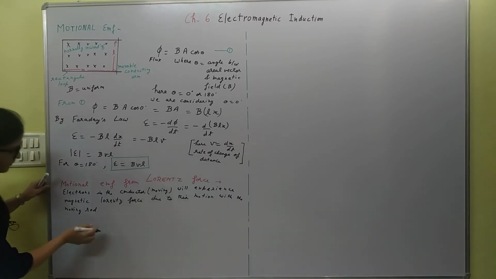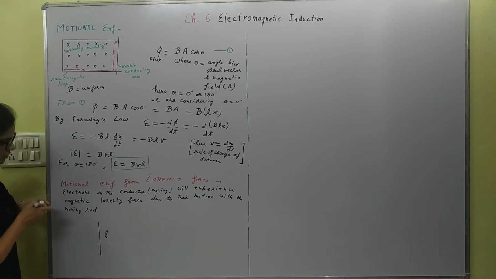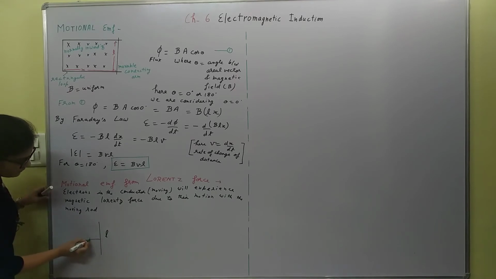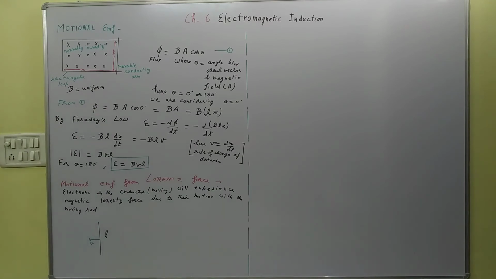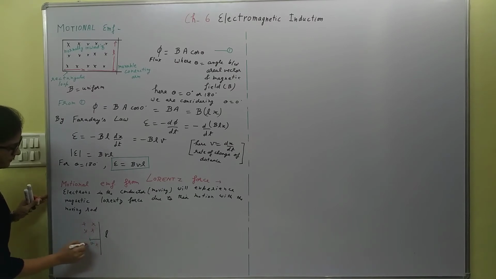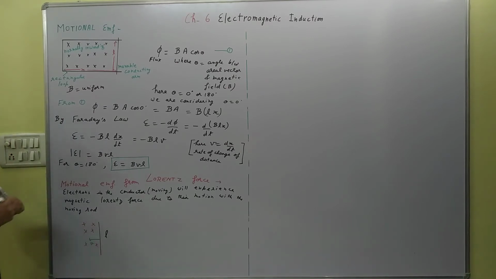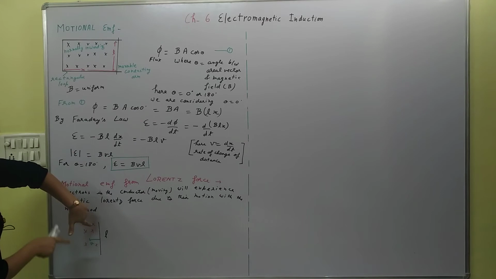So say, for example, if this rod is this one, right, and this rod is moving this way, this is the velocity, and the magnetic field is normally inward. So what will be the direction of the force for a positive charge using Fleming's left hand rule? So this is the magnetic field, this is the direction of velocity, and this will be the direction of force.